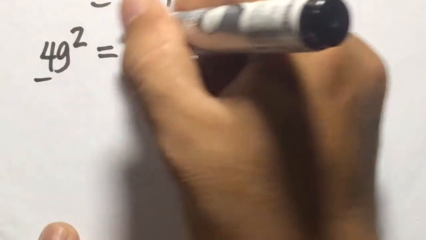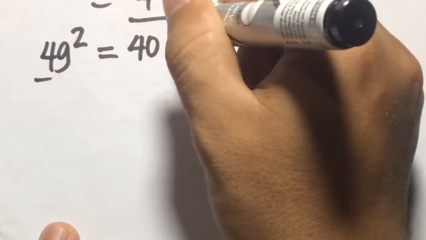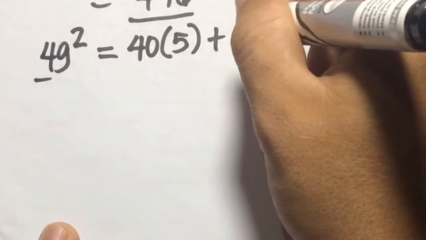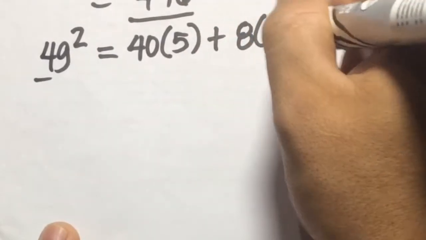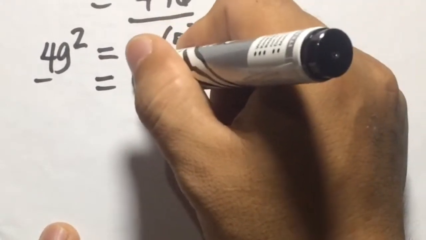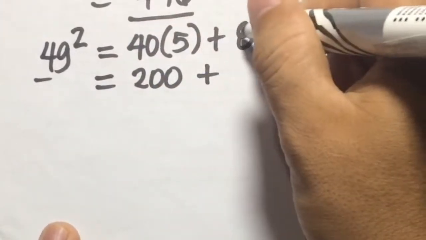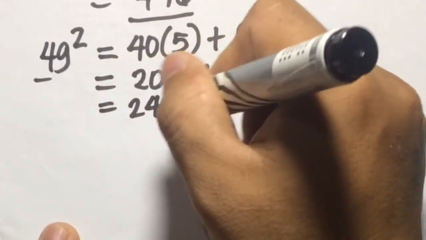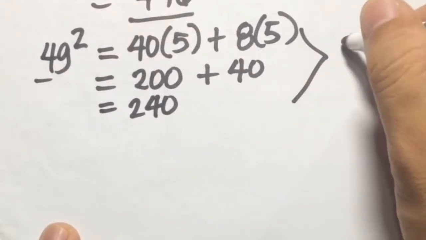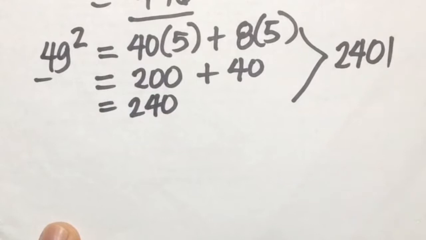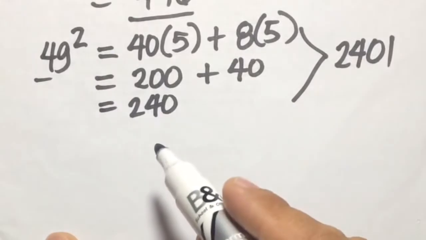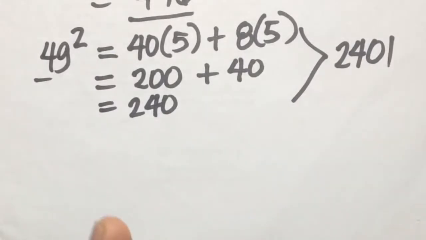The first digit is 4, so we're going to have 40, then times the next digit of 4, which is 5, then plus the constant, which is 8, then times 5. 40 times 5 is 200, then 8 times 5 is 40. 200 plus 40 will be 240. So your answer here will be 2,401.